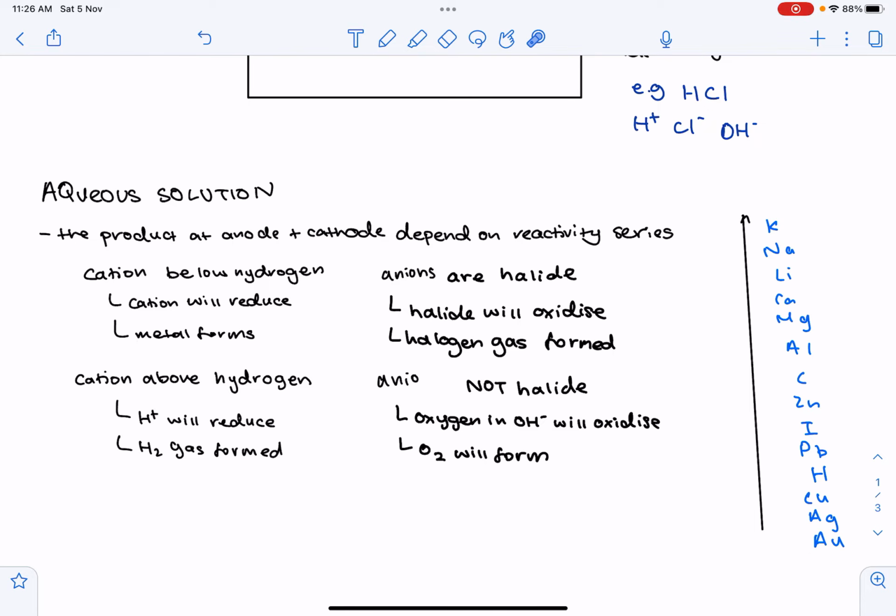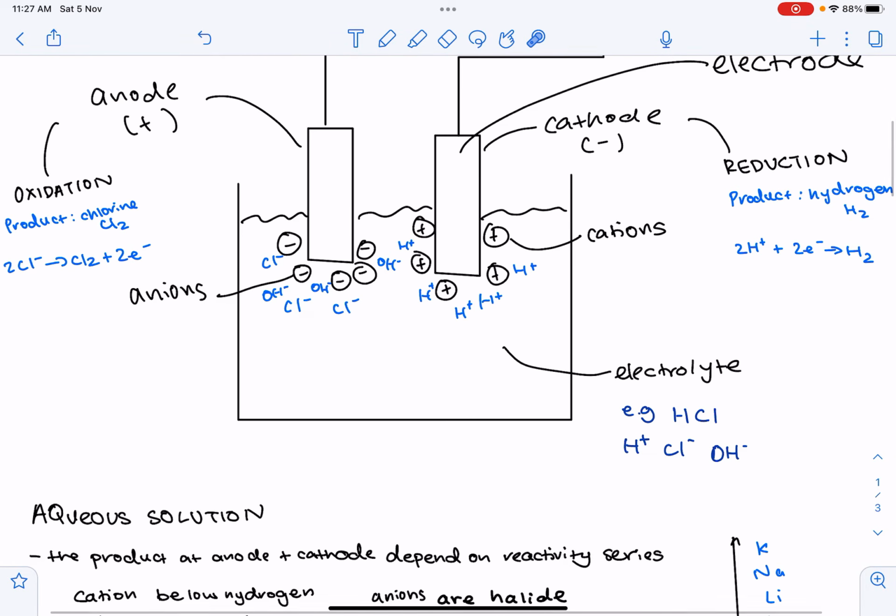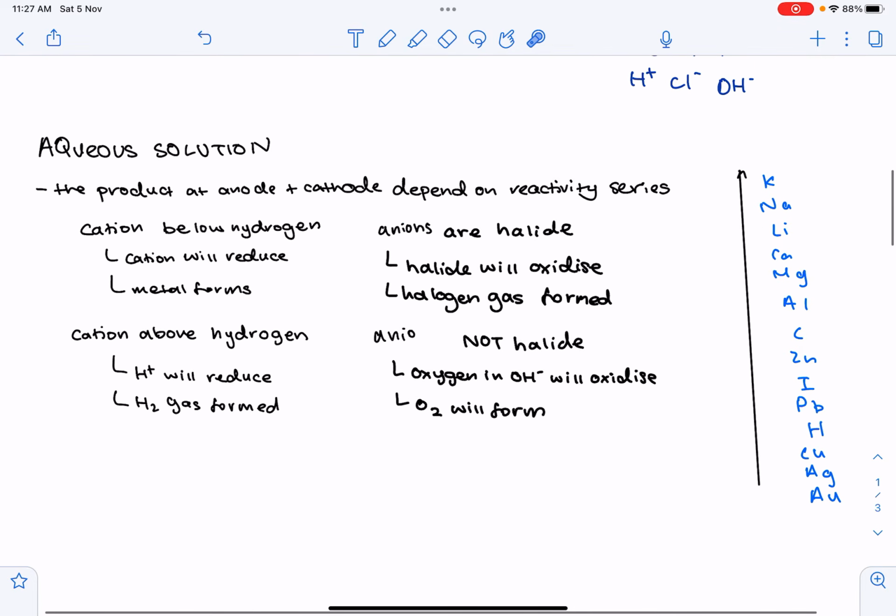If the cations attracted to the cathode are below hydrogen in the reactivity series, then the cation will reduce at the cathode and the metal forms. But if the cation is above hydrogen in the reactivity series, then the H plus ion will reduce and hydrogen gas is formed. This is what we see above here. Since we didn't have any other cations, hydrogen was formed.